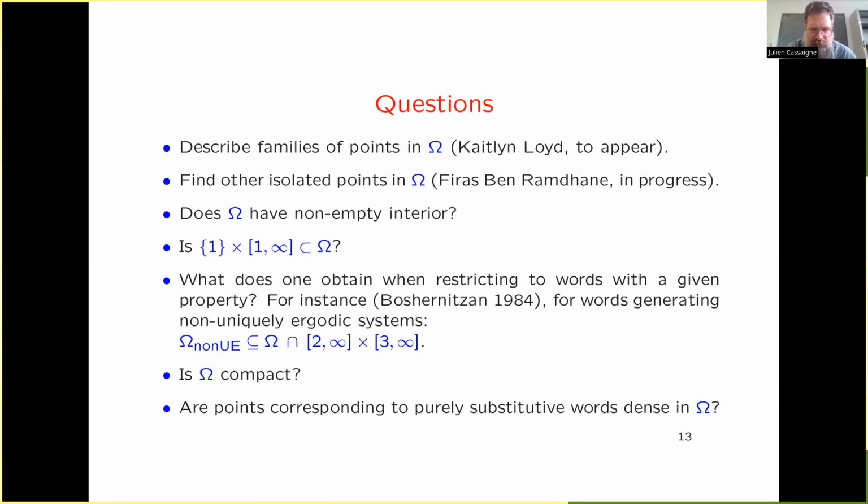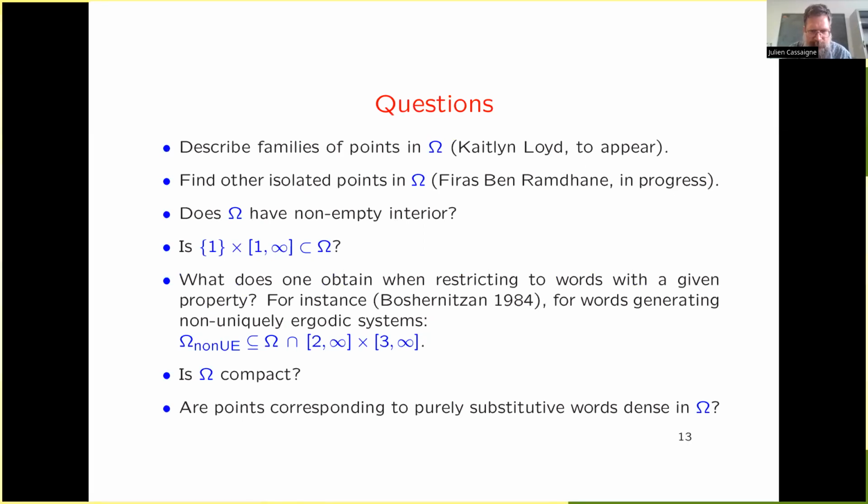And Katie Lloyd has a paper called, I think, More Points in the Heinis Spectrum, where she constructs families like this. Then points with particular properties, like isolated points. So we have proof for one point. It seems that there are many others.